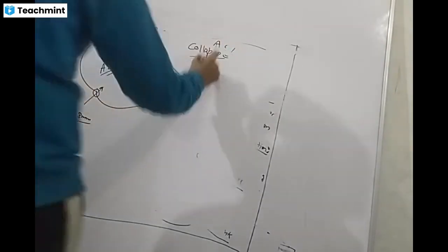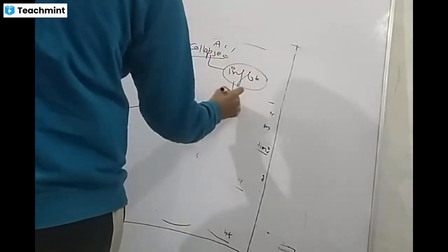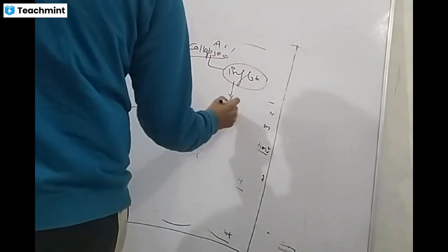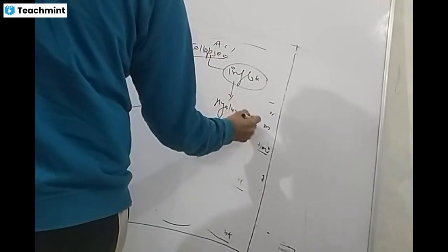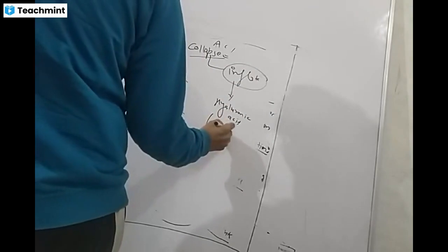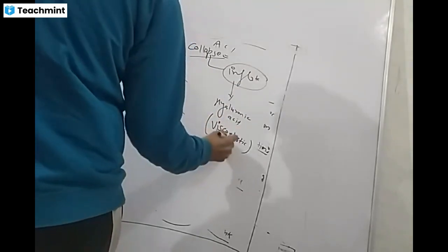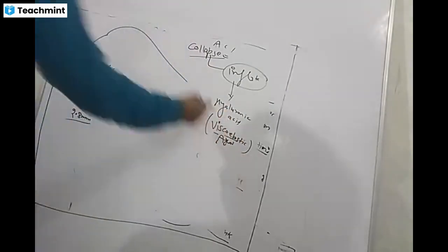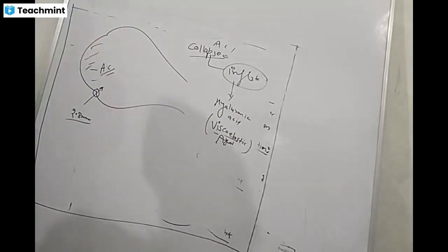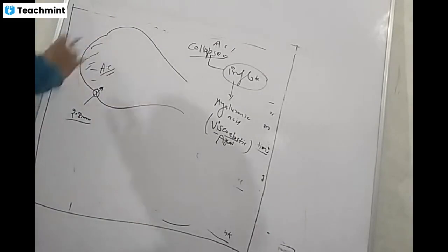So how to keep it inflated? Throughout the surgery you put hyaluronic acid, a viscoelastic agent. They will keep it open throughout your surgery.